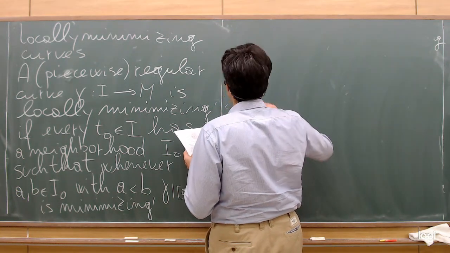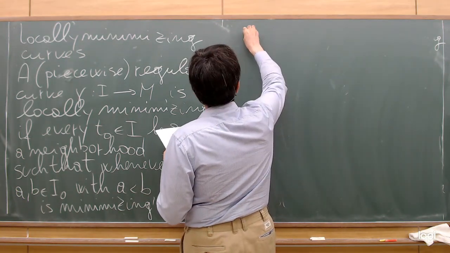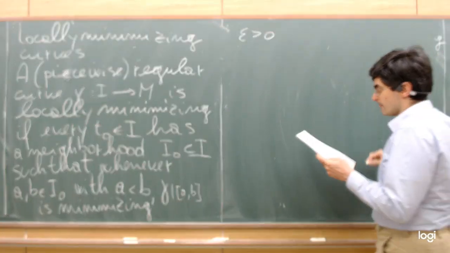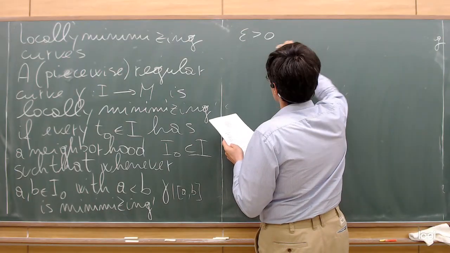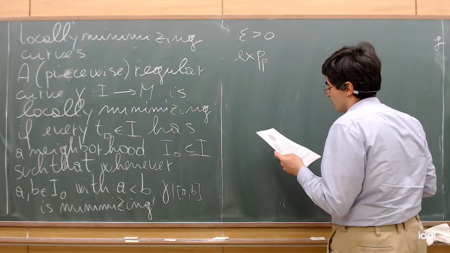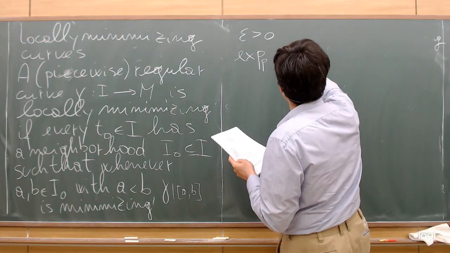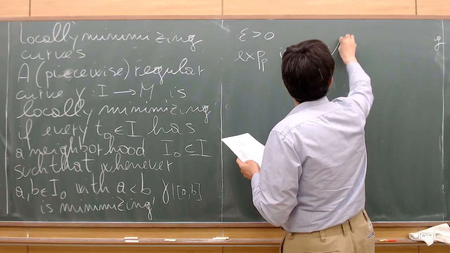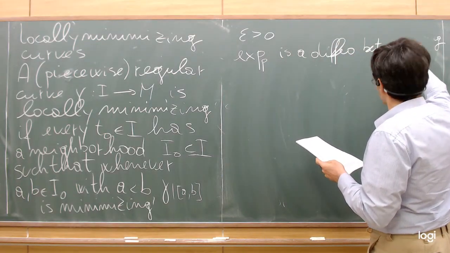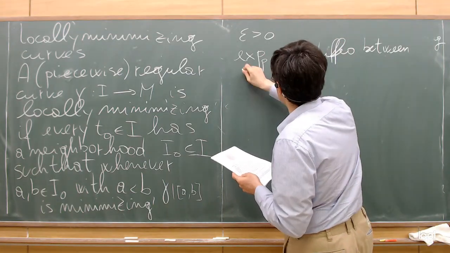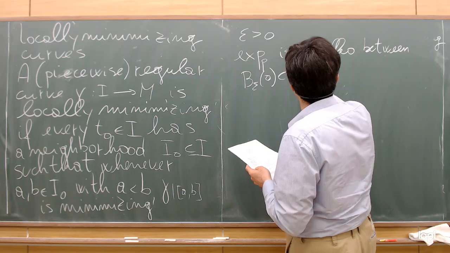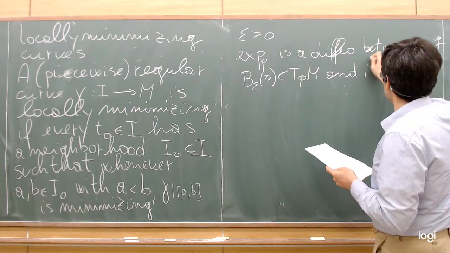So suppose that epsilon is positive and such that the exponential map is a diffeo between B epsilon 0 in TPM and its image.